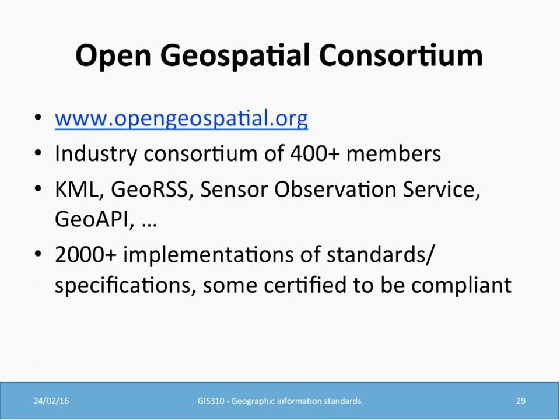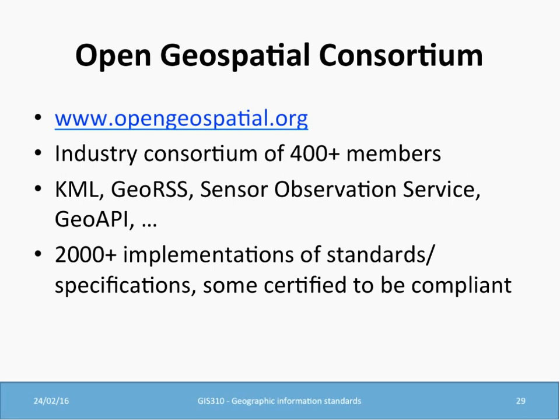Okay, Open Geospatial Consortium, over 400 members. There are standards like KML. I think you might have heard about KML, that is with Google Earth, sensor services, GeoAPI, WFS, WMS. There are quite a number of standards.